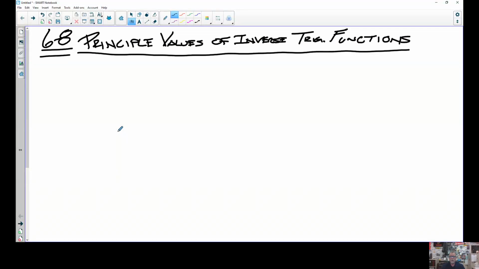All right, so when we talk about the inverse trig functions, what we're going to deal with is primarily arc sine, which you also know as arc sine theta. You also know this as sine inverse theta.